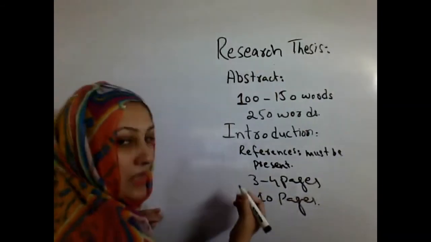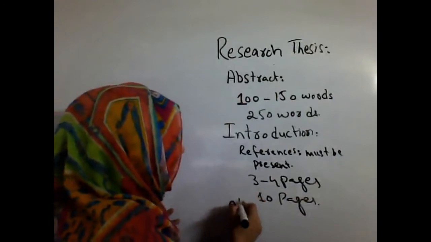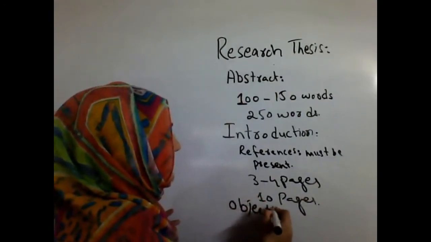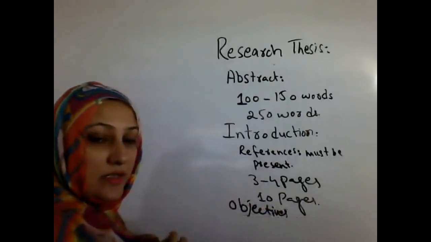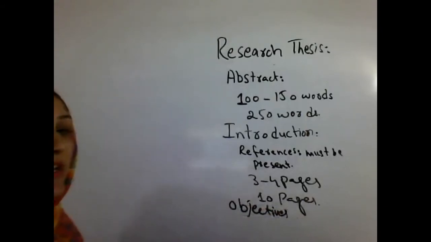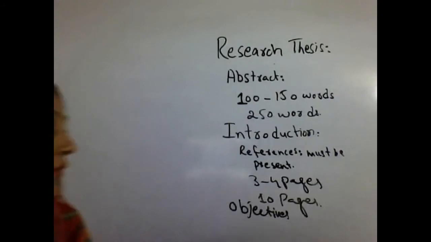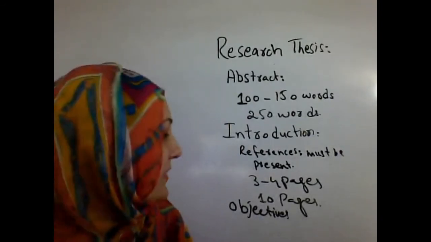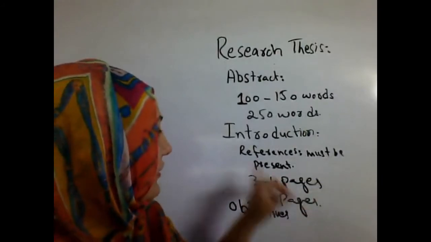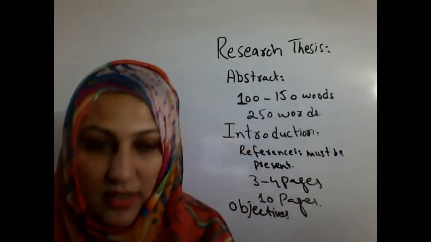At the end of the introduction, you should give the objectives of your study, which objectives you have chosen for your research. It must be given at the end of the introductory part.